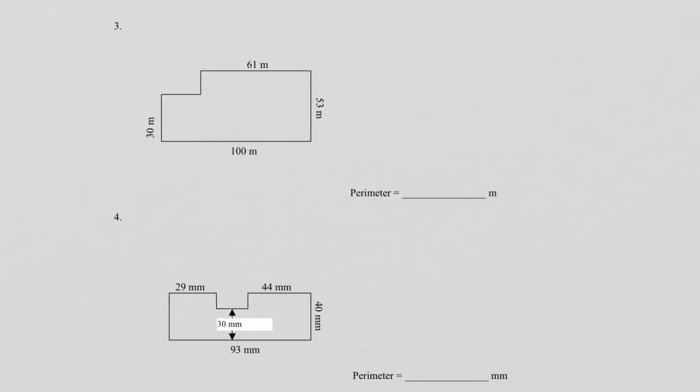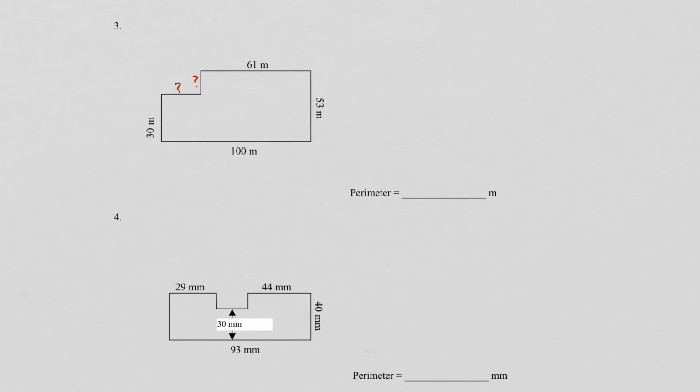Number 3. So we have a figure that almost looks like a couple of rectangles together. So we're definitely going to go around, but we need to know what this side is and what this side is.